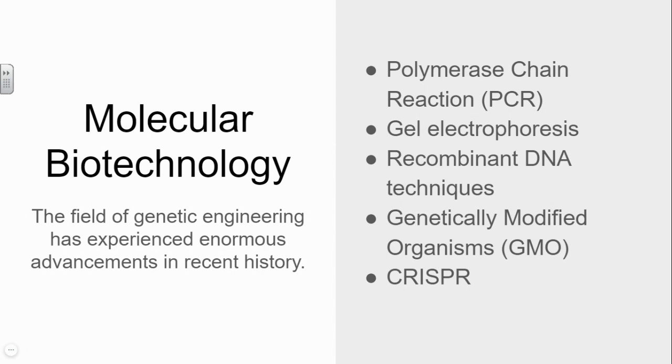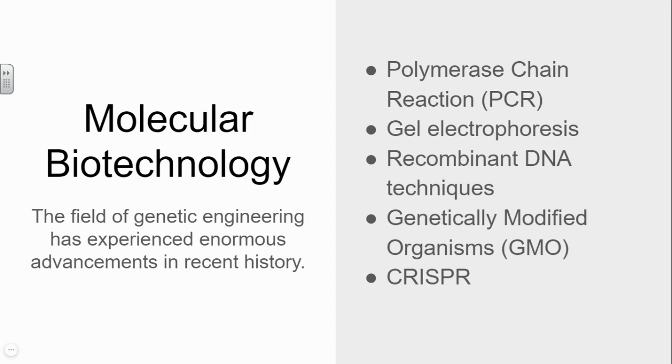They then took those DNA segments and analyzed them with a process called gel electrophoresis. Gel electrophoresis allows scientists to find out which sequences of nucleotides are present in a DNA strand. Humans have also used recombinant DNA techniques for quite a few years.